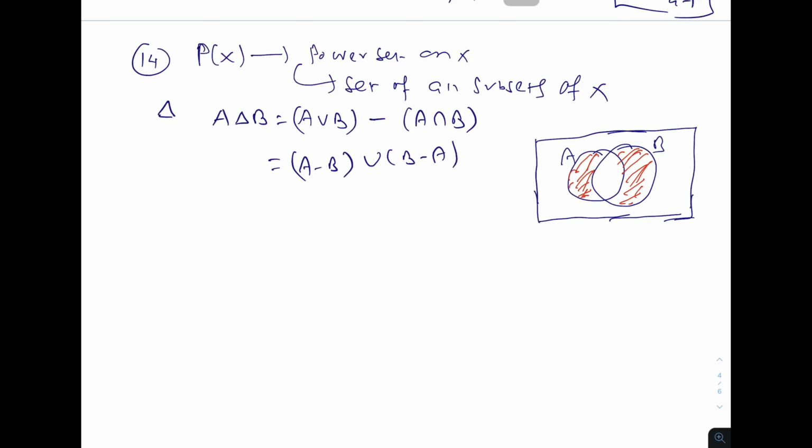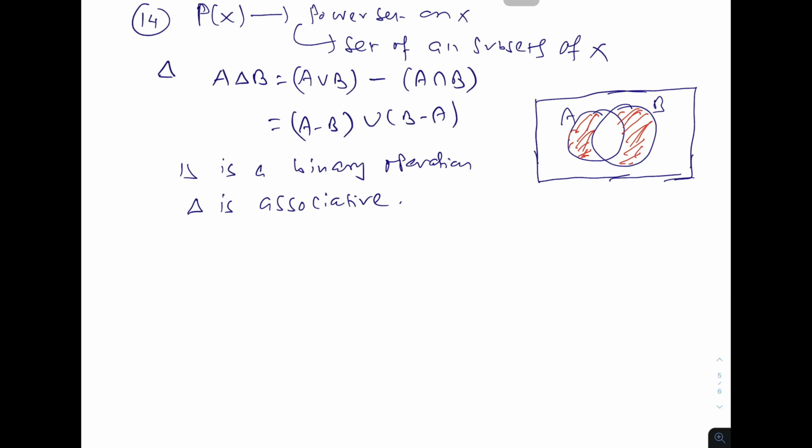For this operation you remember certain things. Delta is a binary operation. This delta is surely associative.